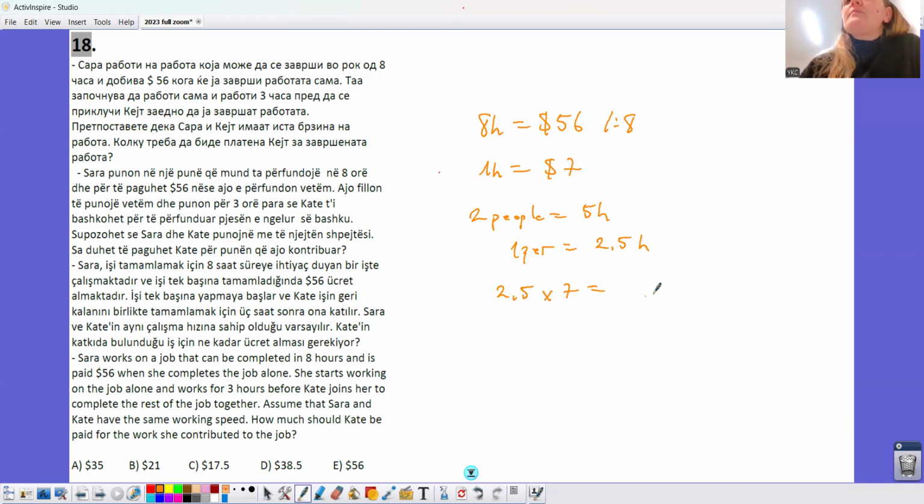So I will do 5 times 7, 35, 3 in mind, 2 times 7, 14, 3 in mind, 17. I have only one decimal place after the decimal point, so I'm going back one place. So this is $17.5 that will be paid for Kate.